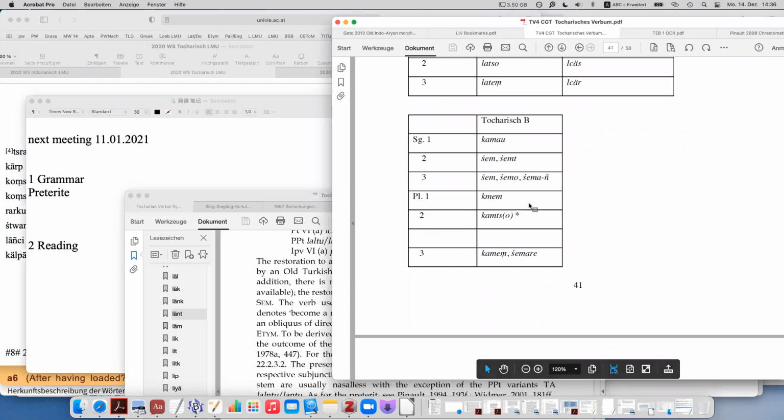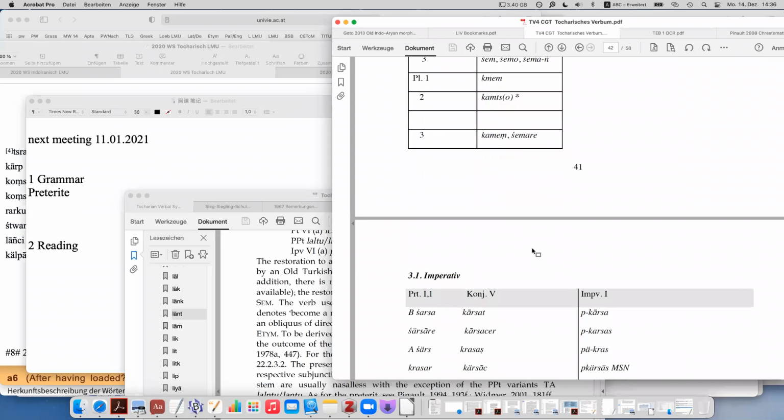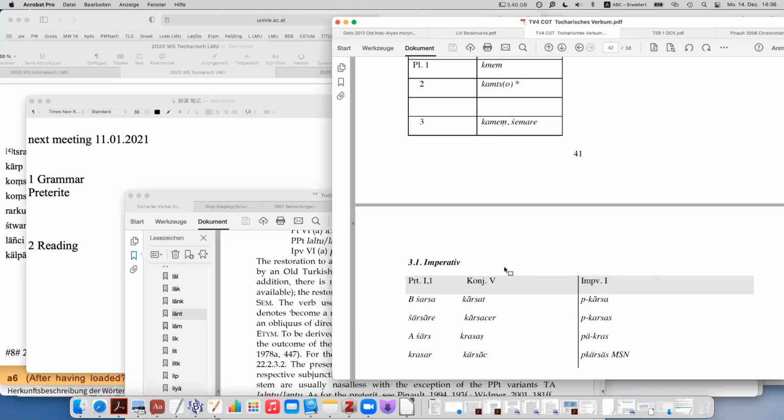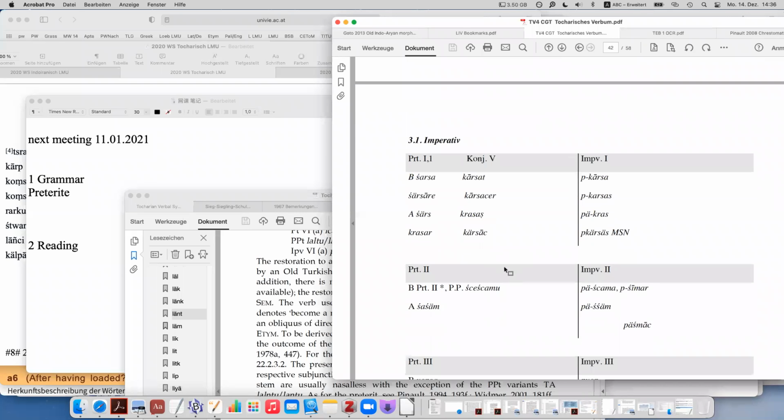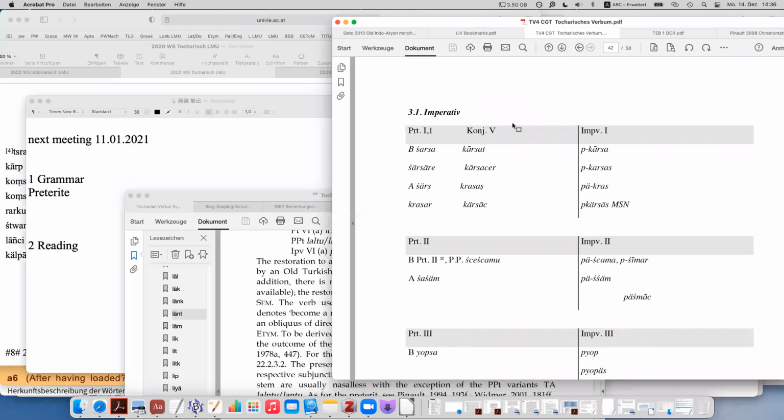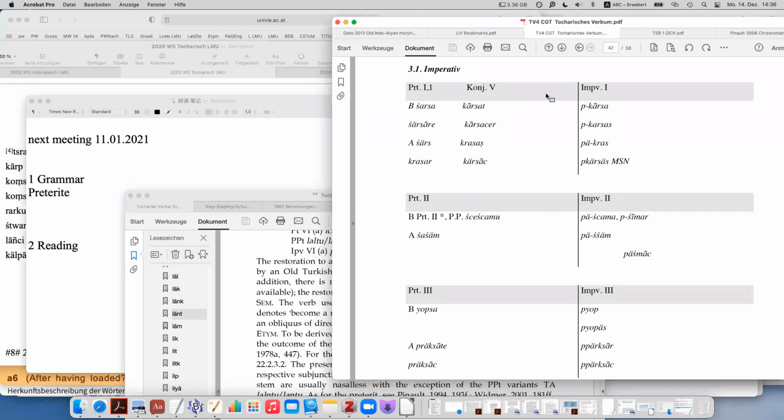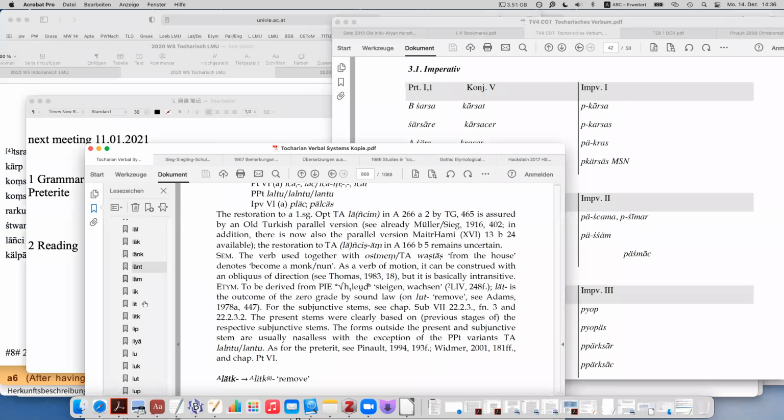And then this is the root for come. And then we have the imperative. So as I explained, we build the imperatives from the preterite stems. So this is, for example, the word sansha or curse. The original root is curse. You find it here.